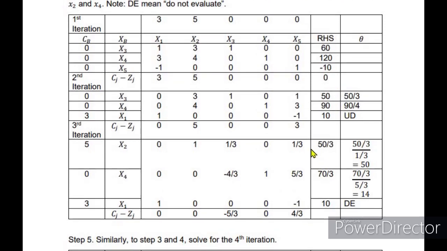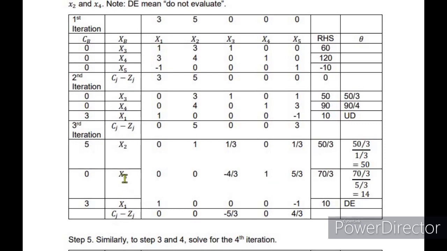Since all the values in the RHS are positive, we will adhere to the simplex way again. Okay? We will choose the highest positive value, which is 4/3 under column x sub 5. Okay? Then we will choose the lowest value of theta, which is 14 along the row of x sub 4.